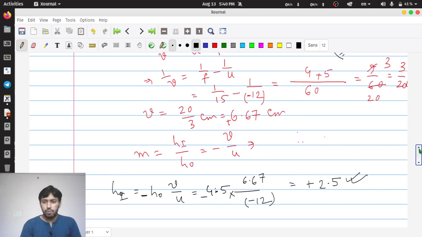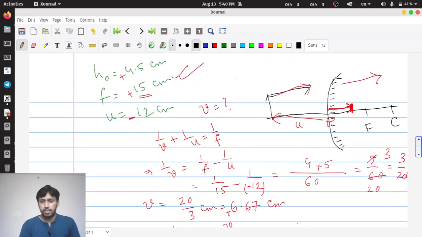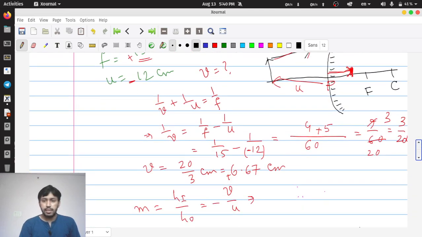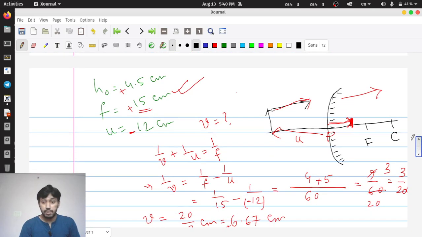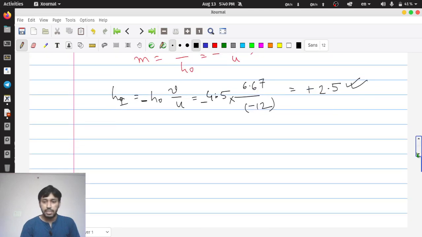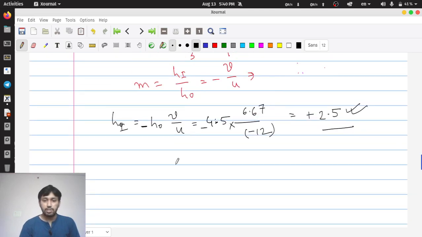So what will be the properties of the image? Since the height is positive, the image will be in the same vertical direction, so it is an erect image. It will be diminished, because the object height is 4.5 centimeter but the image height is just 2.5 centimeter, that means smaller than the object.